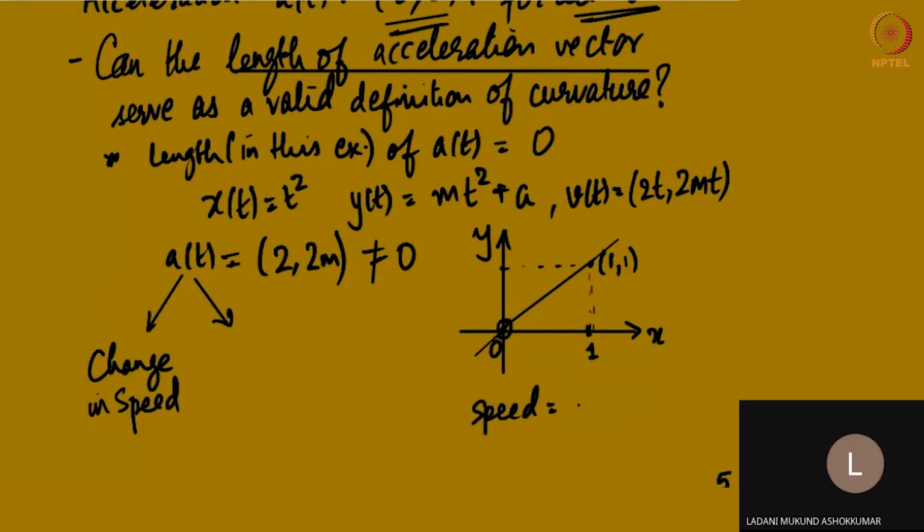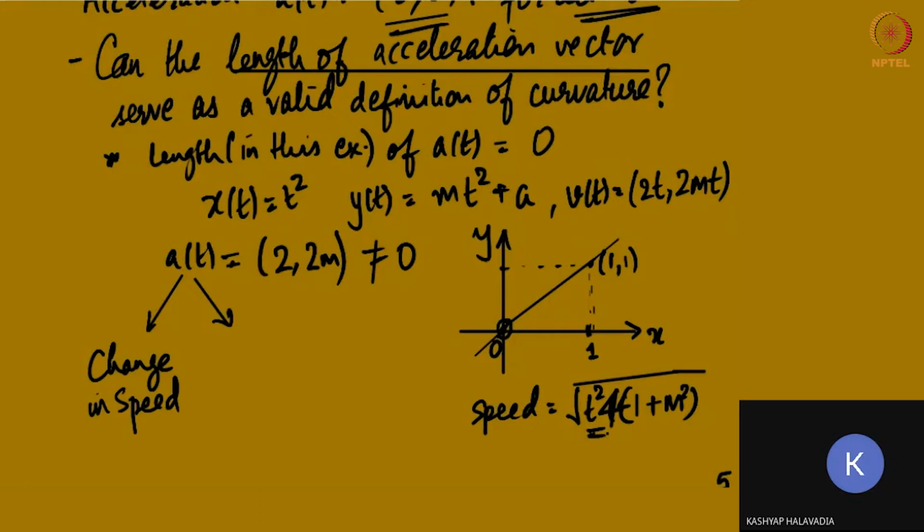So can you compute the speed for this velocity? Under root of 4t square plus 4m square t square. 4 common, then 1 plus m squared. So is the speed changing? Yes, sir, it is. It's a function of t, obviously. Is the direction changing? No.